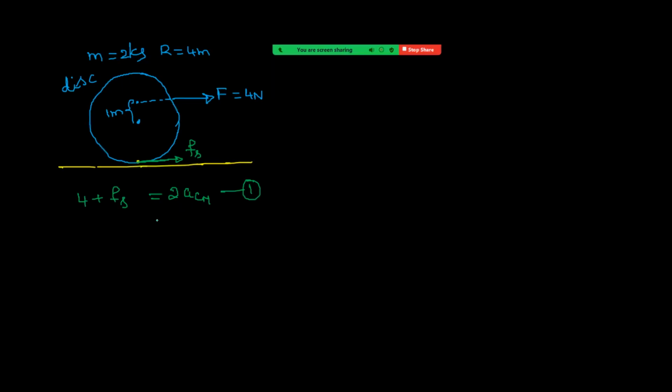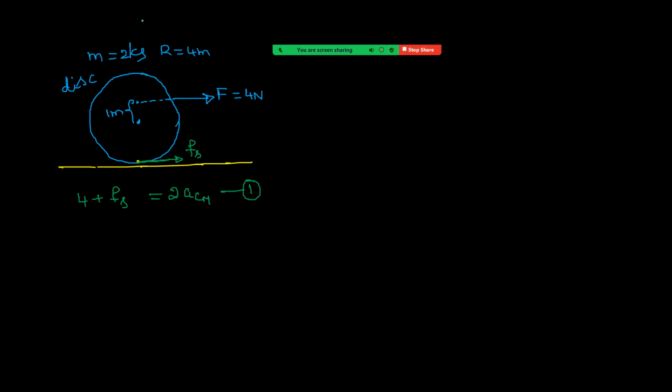Next, taking the torque equation about center of mass. You can see that because of the applied force, the torque will be clockwise about the center of mass, and because of friction, the torque will be anti-clockwise. I take clockwise torque as positive, it is completely our choice.